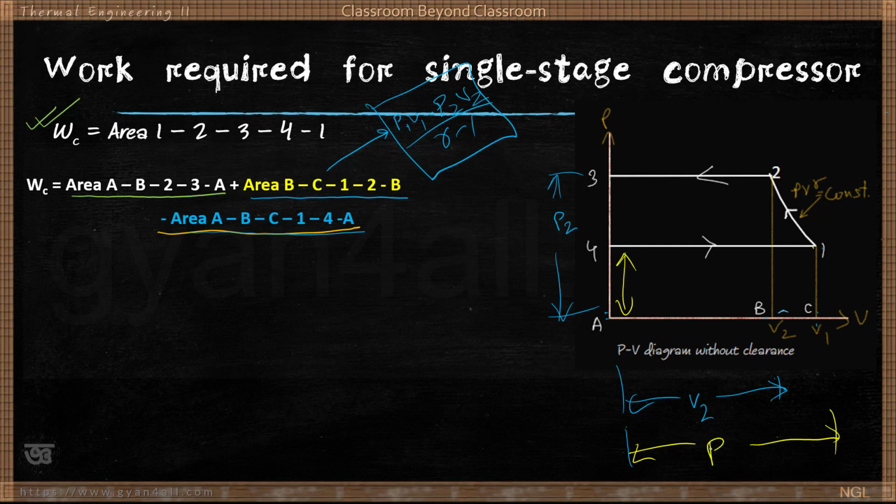So this is actually P1 and this is V1 and this is P1. So now you can calculate this area. First area is P2 V2, second one is P2 V2 minus P1 V1 by gamma minus 1, and minus P1 V1. You can simplify it.